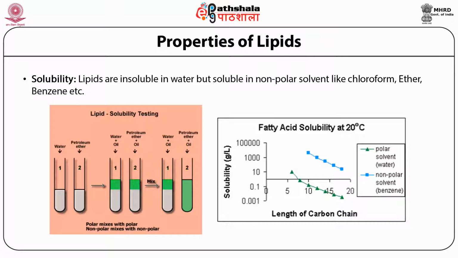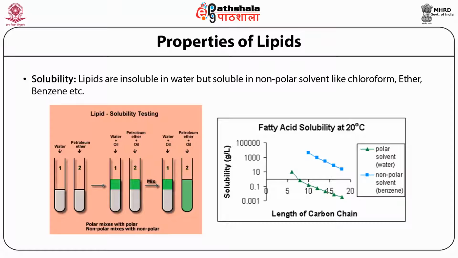As we can see after mixing, it is evident that in the first tube, which has water, the oils do not solubilize. Whereas in test tube 2, which contains petroleum ether, the oil gets solubilized. So it is a clear depiction that non-polar mixes with non-polar and polar mixes with polar.